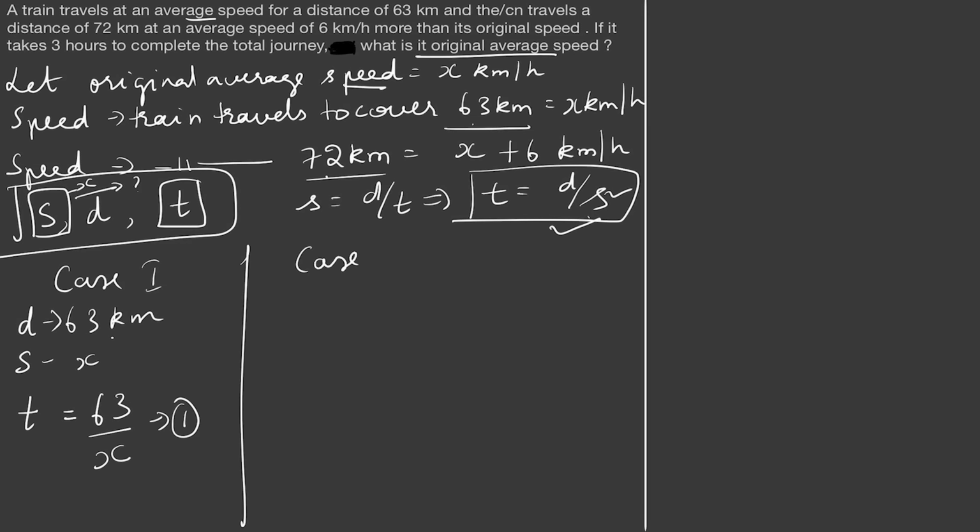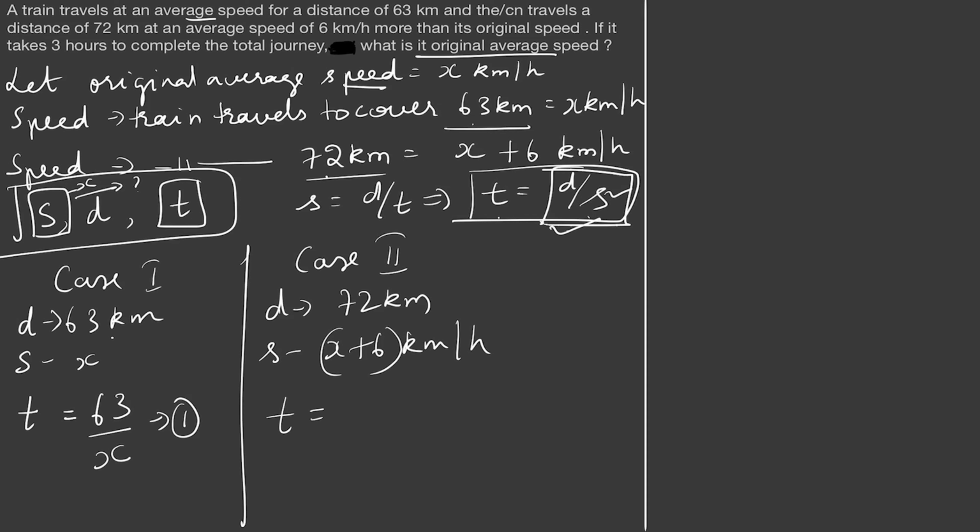We take this as equation 1. Case 2: when the distance it is traveling is 72 kilometers, the speed is x plus 6 kilometer per hour. So the time taken is 72 by x plus 6. Let us take this as equation 2.